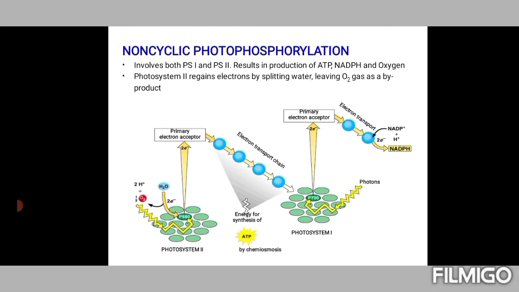Photosystem second is the first one involved. A high energy photon comes, and high energy electrons are released from the principal pigment of photosystem second, that is P680. The electron travels downhill along the redox potential, and it does not reach back to P680 but falls on the next photosystem 1, from where a high energy electron from P700 is released.